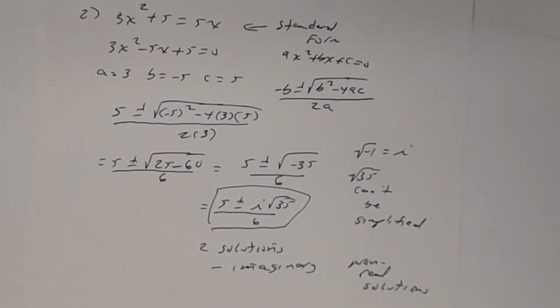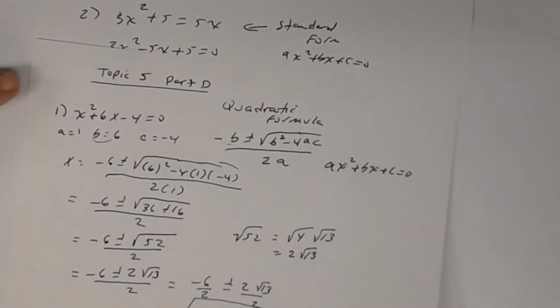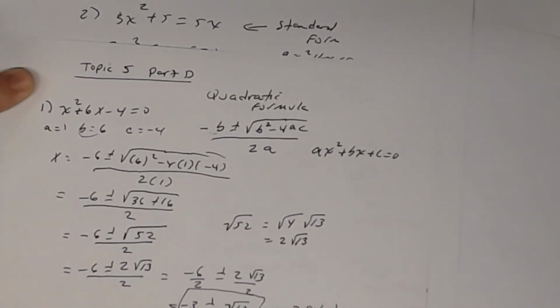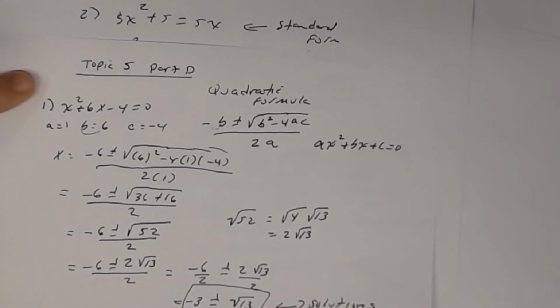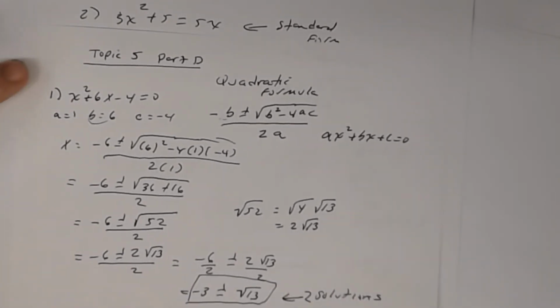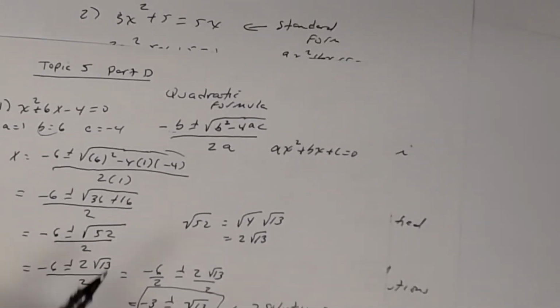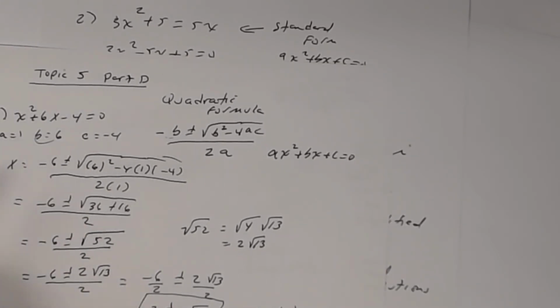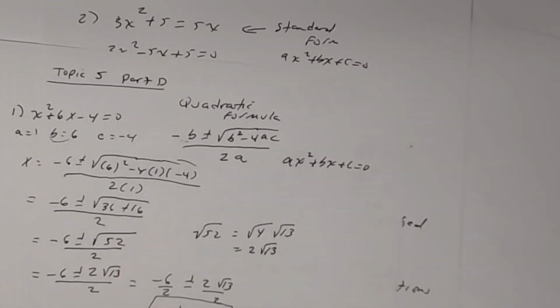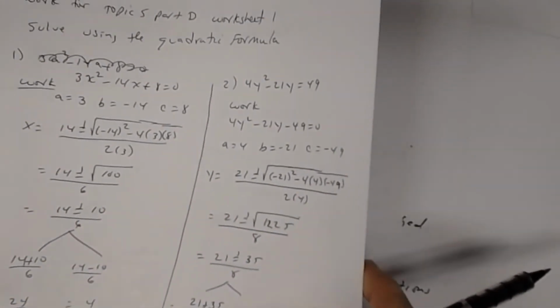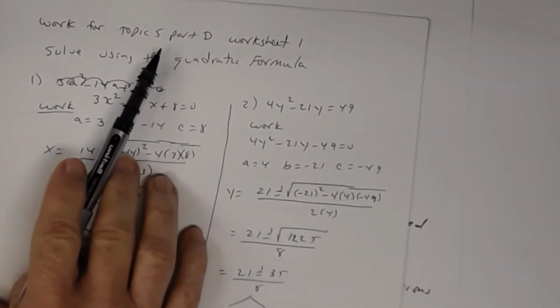I want to do a couple more, but that's about all I can do with part D, because I want to do a couple of things with the next topic. I think that should help you with topic 5 part D. Just make sure you're also looking at what the work should look like.